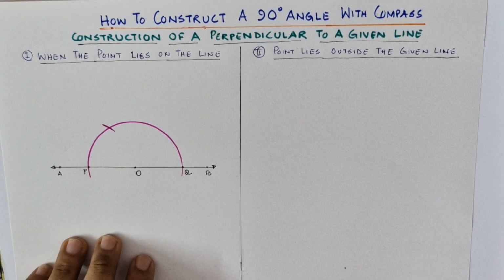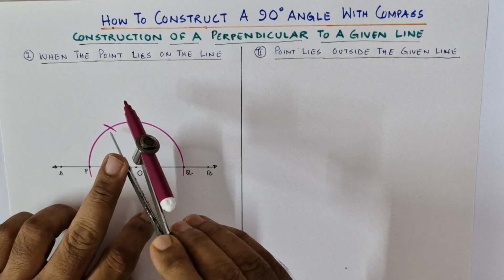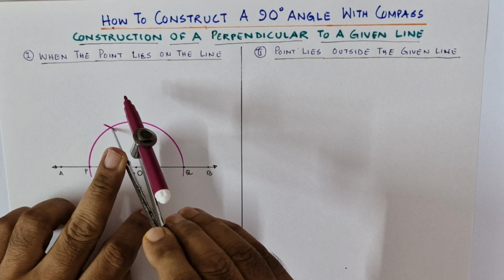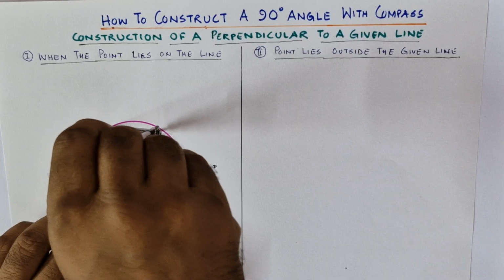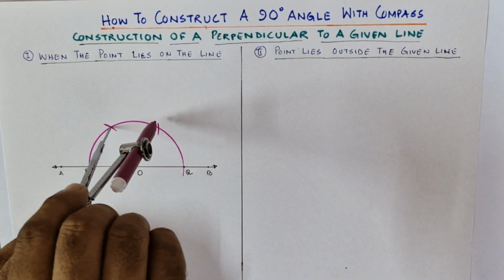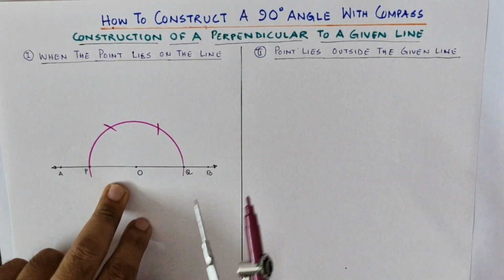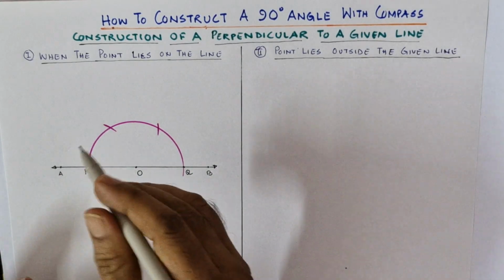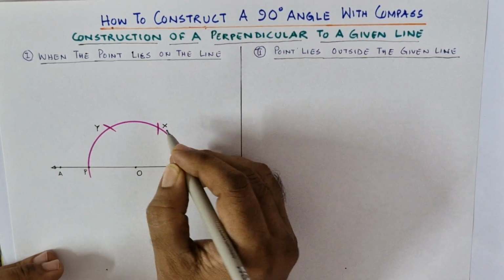We'll name it as Y. Take this as center again and cut the arc in another portion like I have done. Let's name them Y and X. Got it?